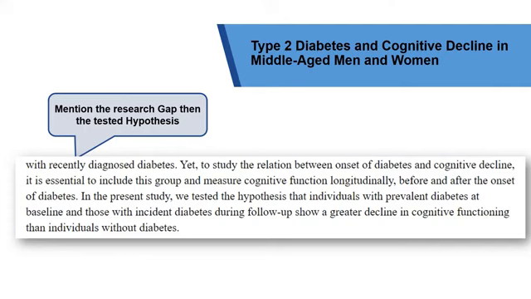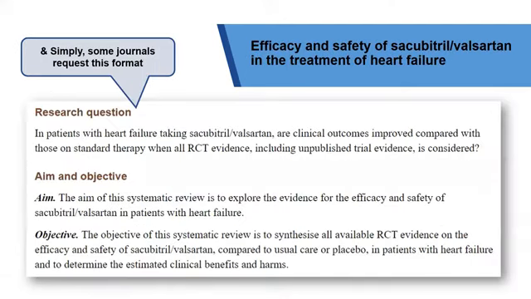So there are many ways, and some journals even make it simple and just request a specific format. Please mention the research question, please mention the aim, and please mention your objective. So, for example, in this study also on Entresto, the efficacy and safety of Entresto in the treatment of heart failure, they mentioned that the research question was: in patients with heart failure taking Entresto, are clinical outcomes improved compared with those on standard therapy when all RCT evidence, including unpublished trial evidence, is considered?